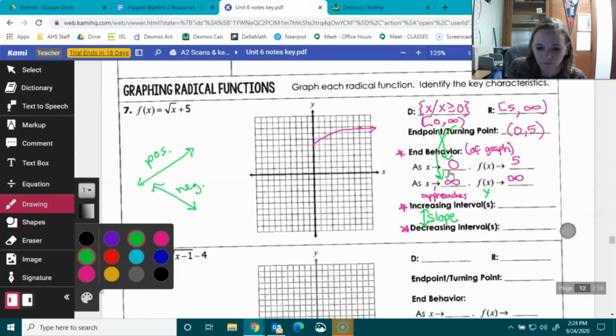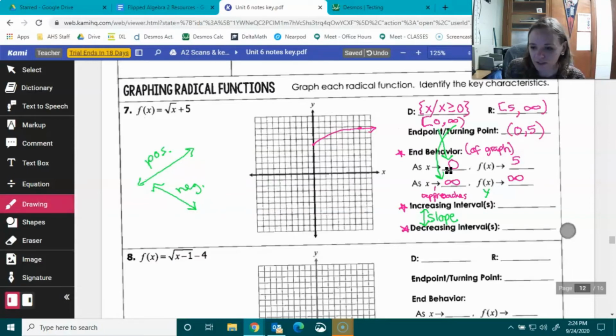So am I increasing slope on my graph or decreasing slope? It could have both. It could have only one, or it could, well, probably not have neither, unless it's a vertical or horizontal line. So this kind of slope, is that more like positive or negative? Yeah, it is definitely positive slope.